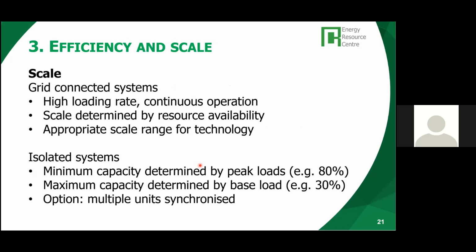Say 90% would be a good target, and continuous operation, apart from incidental stops for maintenance. We see a scale which is mainly determined by resource availability, or the possibility of producing quantities of biomass. For example, in cases when the biomass feedstock is being produced in plantations.